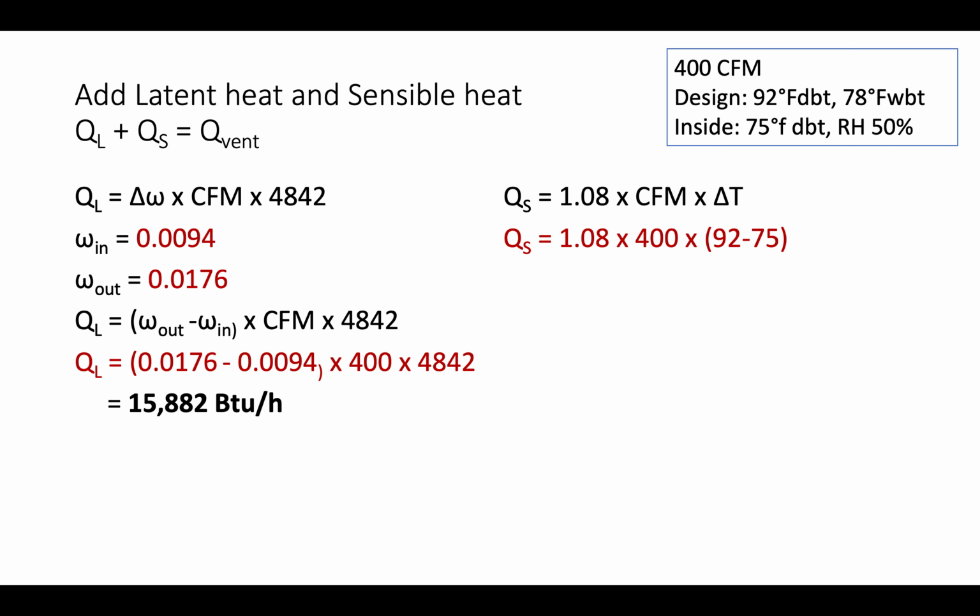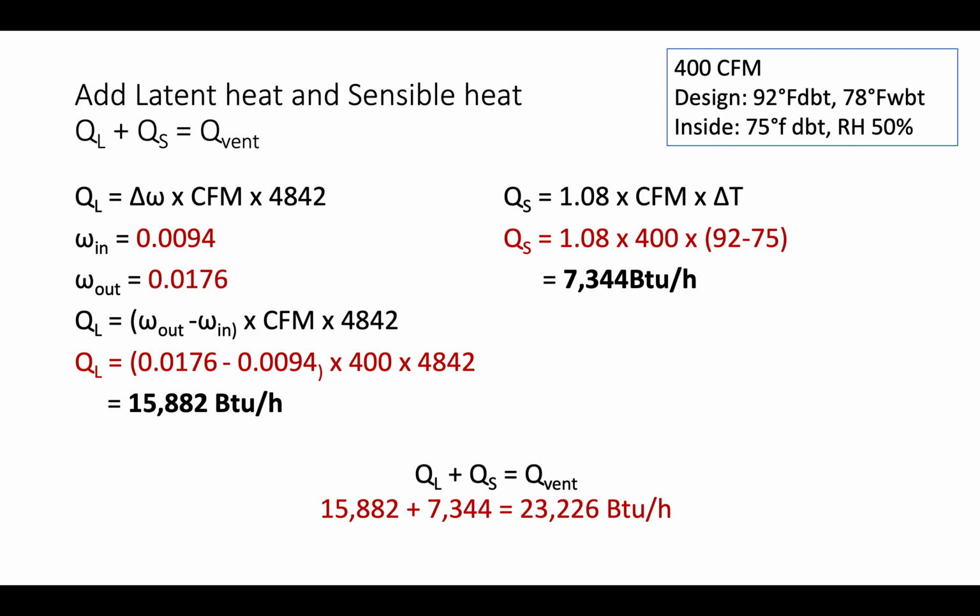We plug in the 92 degrees outside minus the 75 degrees inside, and we see that the heat gain is 7 kBTUs per hour. We just add them together, and so the answer, if you had gotten these numbers in your exam, would be 23,226 BTUs per hour, or 23.2 kBTU per hour.